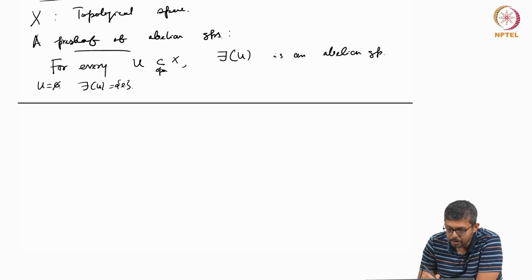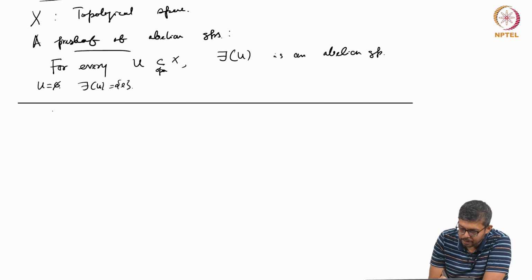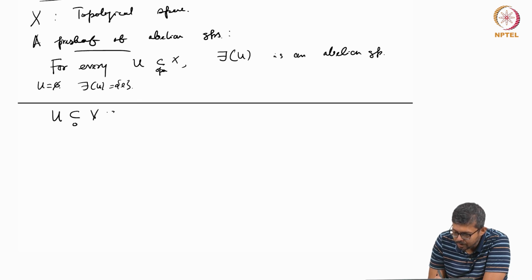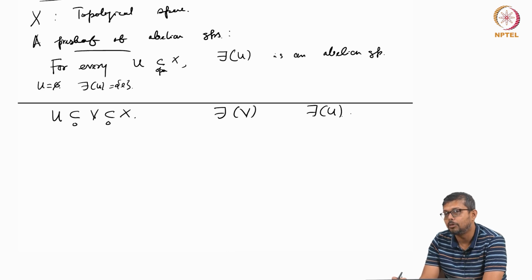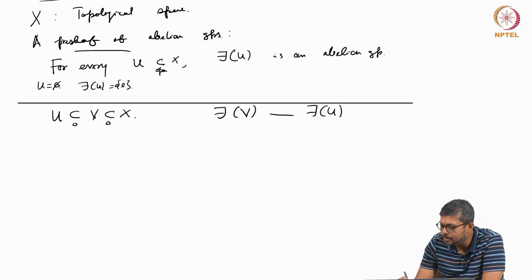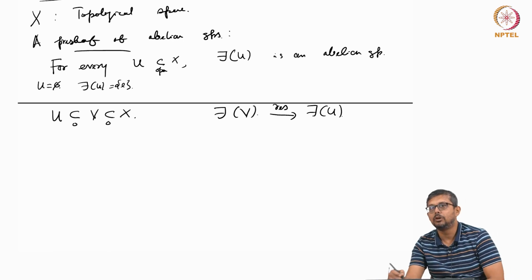If it is non-empty, it can be some abelian group. Now the condition is that if U is an open subset of V, and V is an open subset of X, then you have F(V) and F(U), these two abelian groups. So, there should be a restriction function, and this should be a group homomorphism.